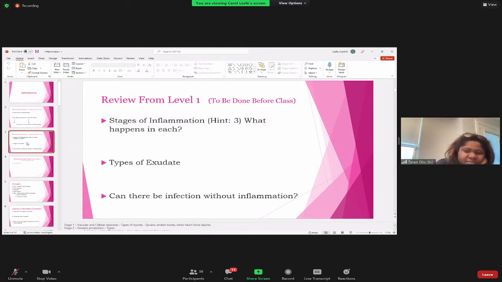The clear. The serous part of your blood, and then the cells and all those other things go to the bottom, right? Red blood cells and stuff. So that would very much illustrate serosanguineous as it separates.